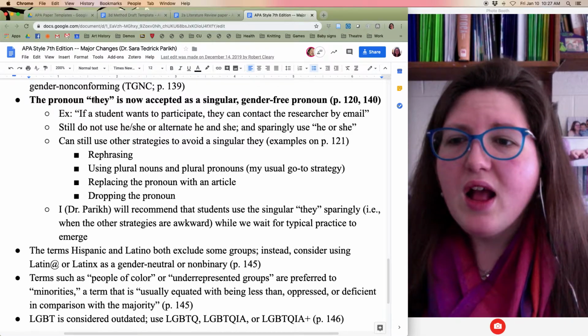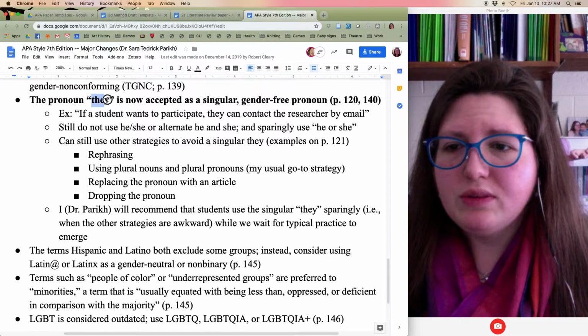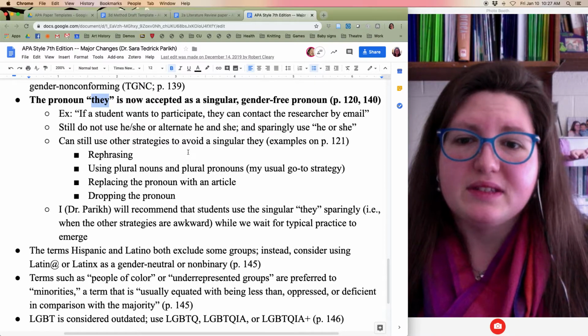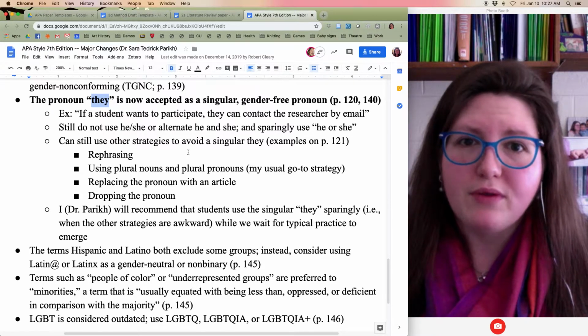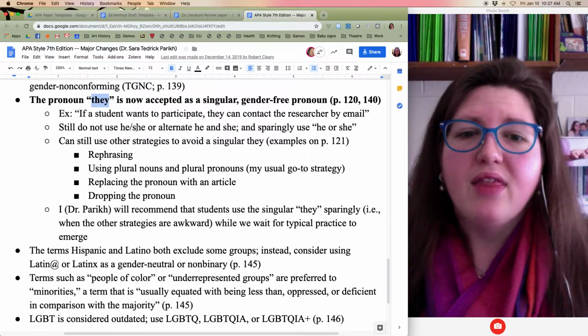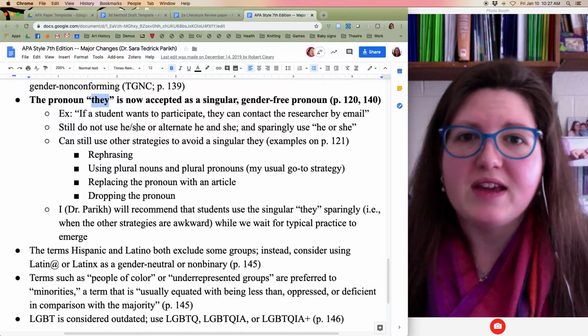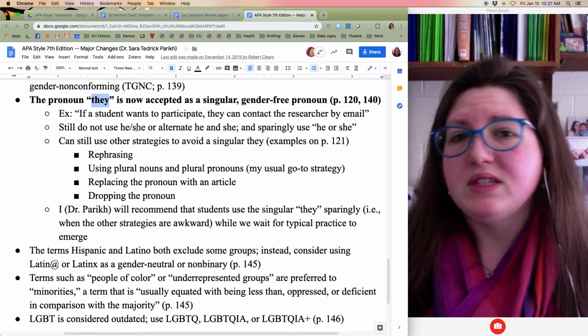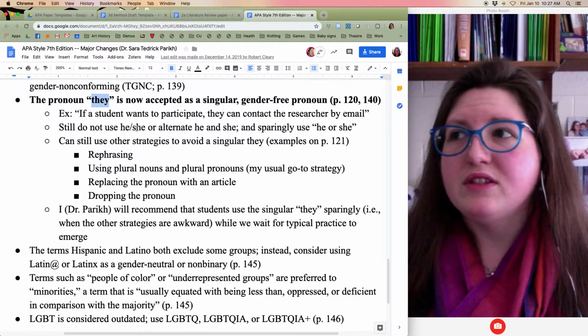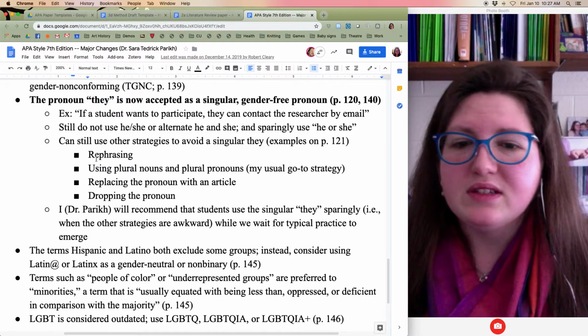guidelines they give. The biggest change to the bias, in my opinion, is that the pronoun they is now formally accepted as a singular gender-free pronoun. So if you're giving an example, like if a student wants to participate, they can contact the researcher by email. That's something that previously has been considered unprofessional, and so often the solution is to phrase it differently.